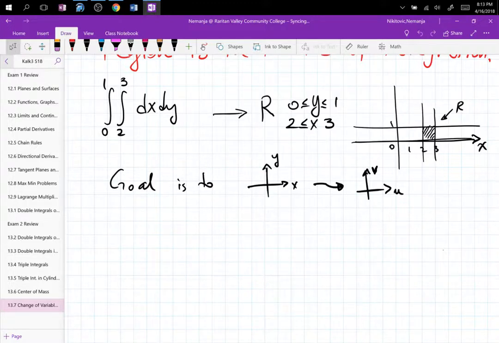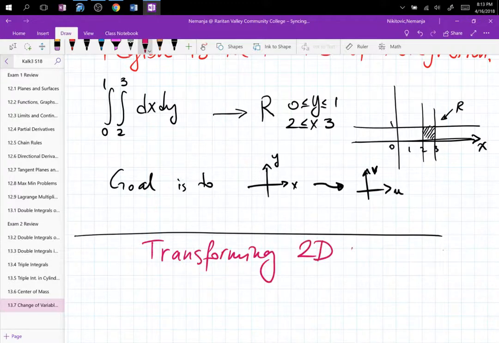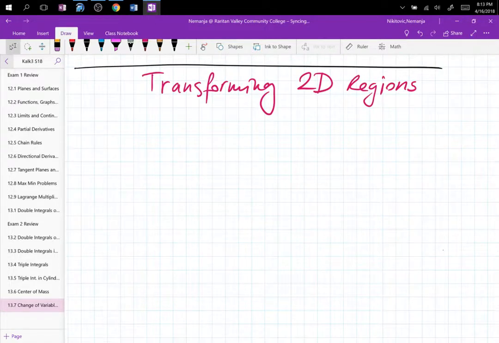All right, so let's look at transforming 2D regions. And if this book could move faster, that would be amazing.